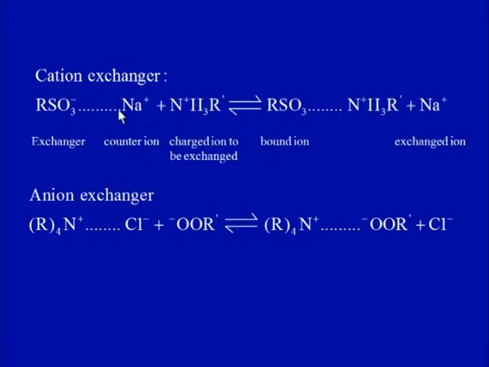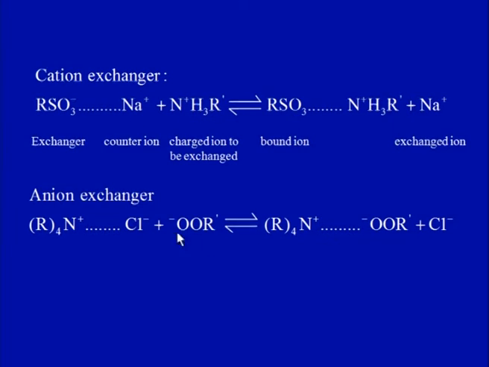Then exchange of ions at the exchanger site. This is thought to occur instantaneously and to be an equilibrium process. So what happens is, when you have a particular ion resin which is interacting with a counter ion, and the analyte or a protein comes, it will replace the counter ion.